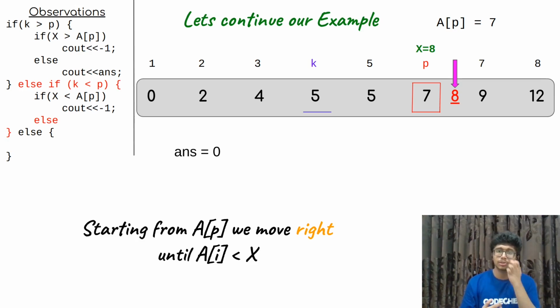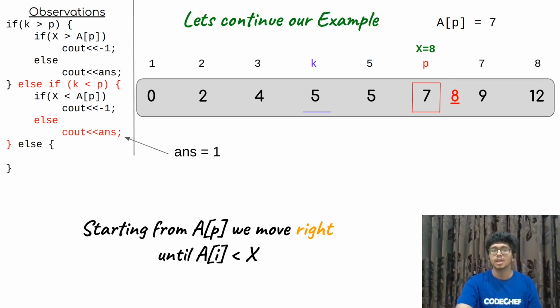If you calculate, you start off with 7 and you move on, you get the answer to be 1, because you take in 7, then you find 8. So in a similar way, you just move to the right instead of the left, and calculate the smallest number of operations required to get that x value, and in this case you will be printing the answer as 1.